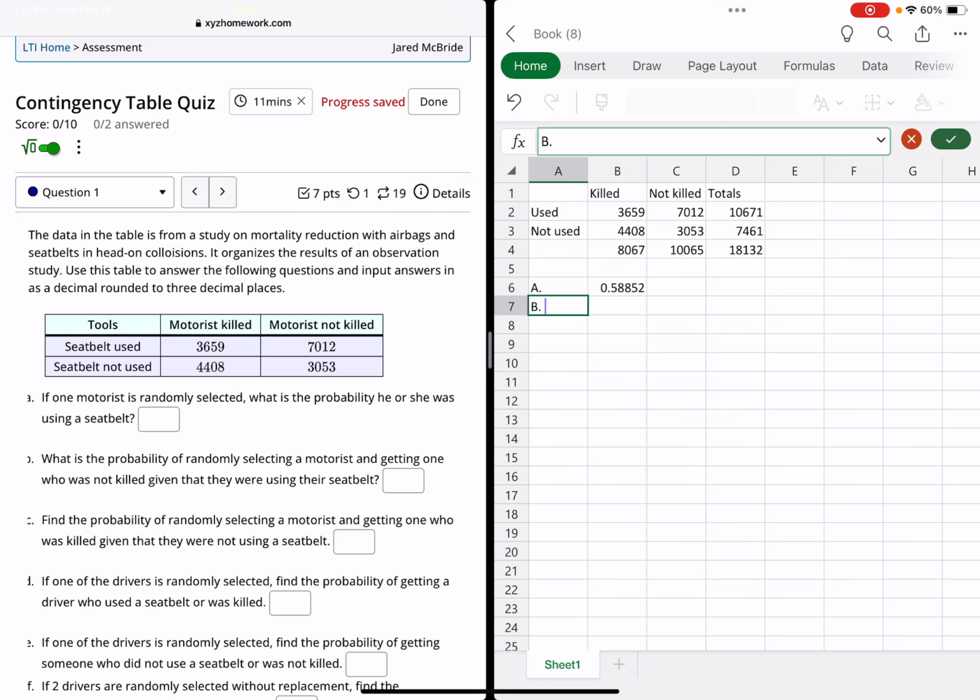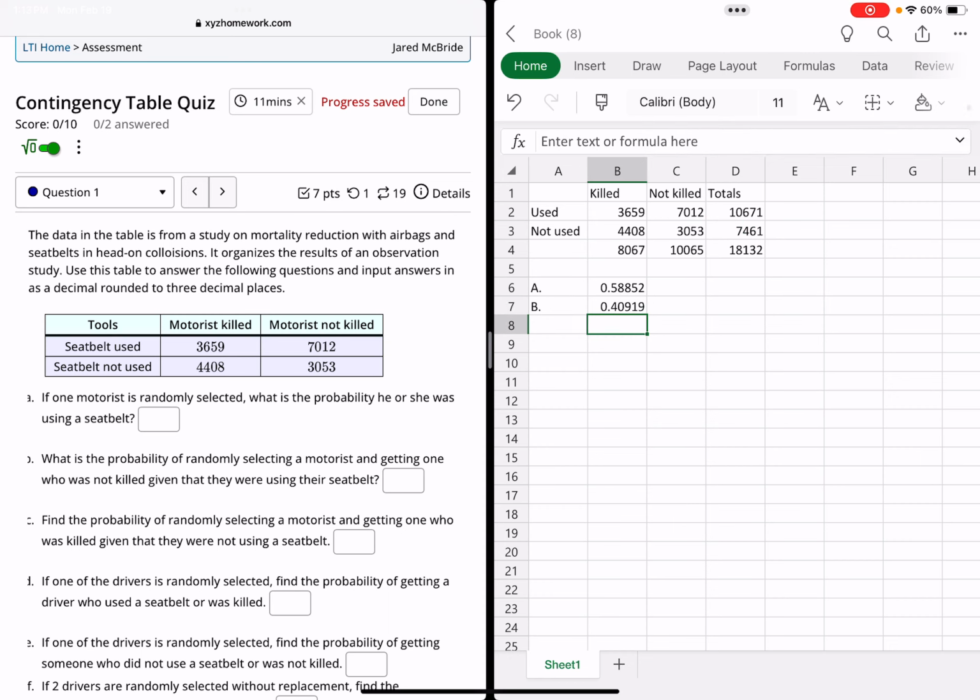Given they were not using a seatbelt. Okay, so equals, not killed, that one, given not using a seatbelt. So that's that one. Among all the people that didn't use a seatbelt, 3,053 were killed. Okay, so there's that.